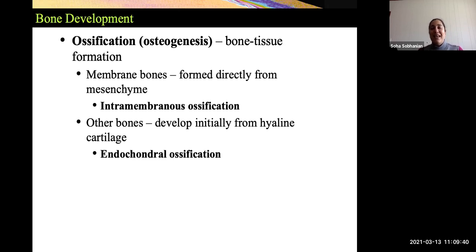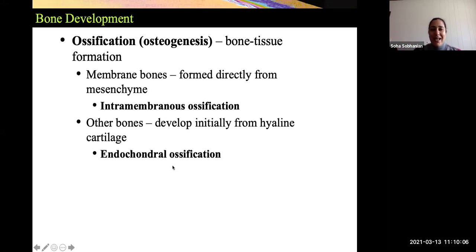And what does ossification mean? As I said, bone tissue formation, right? Ossification literally means bone tissue formation. So when you say endochondral ossification, it literally means what? I'm forming bone from what? Inside cartilage. Wow. Blows your mind away, right?